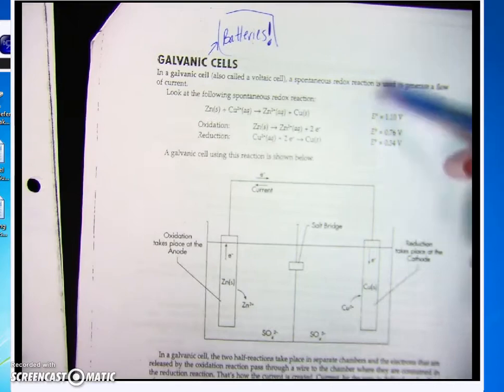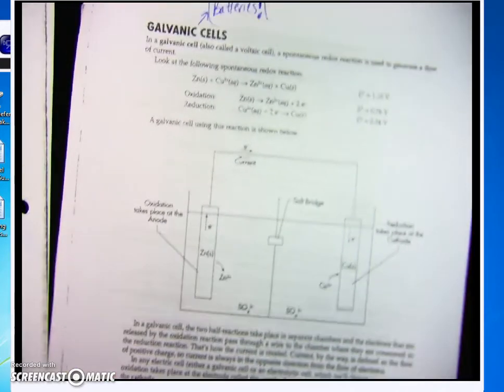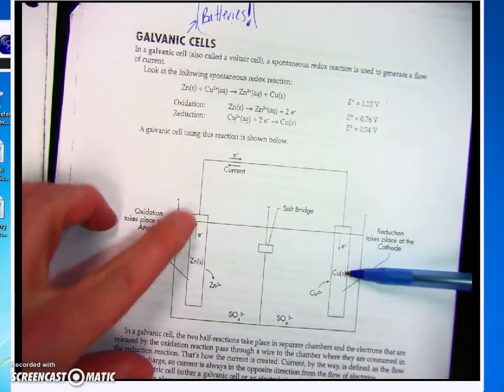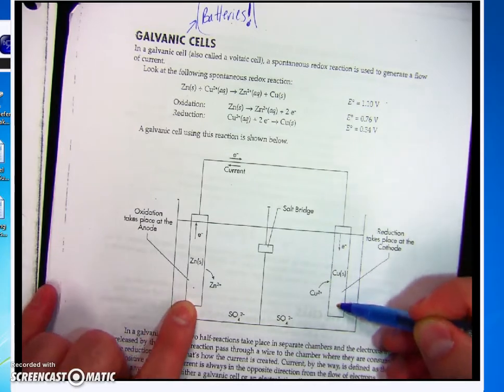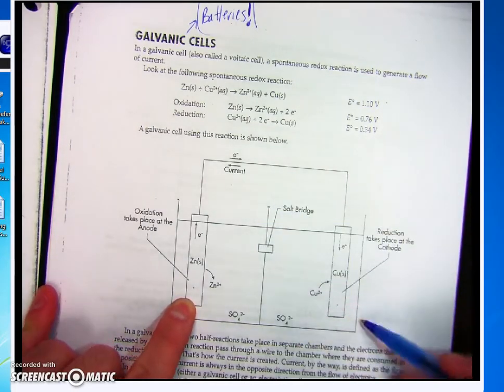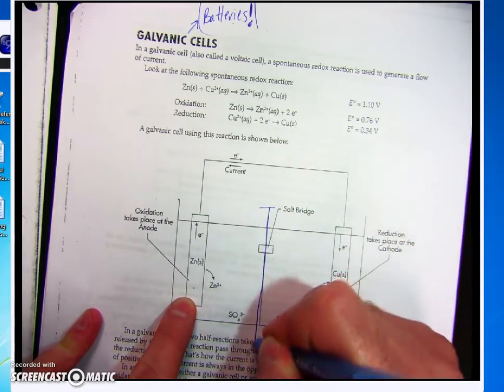When I look at this cell, I want to point out a couple of different things. Notice that I have two electrodes, electrode 1 and electrode 2. Now, these two electrodes are in different chambers. This represents chambers.